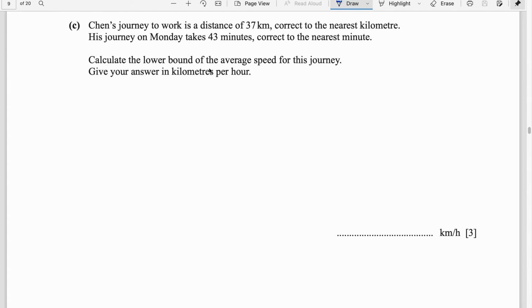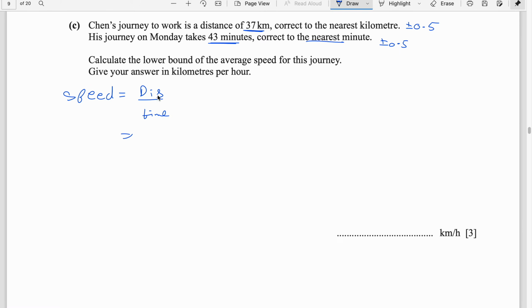C part says Chen's journey to work is a distance of 37 kilometers, correct to the nearest kilometer, so that is plus minus 0.5. His journey on Monday takes 43 minutes, correct to the nearest minute, that is again plus minus 0.5. Calculate the lower bound of average speed. So speed is equal to distance over time.